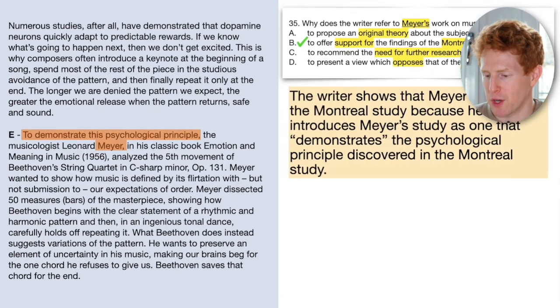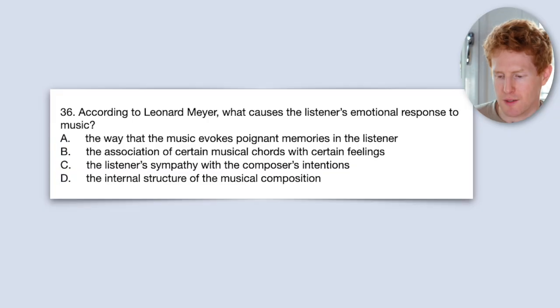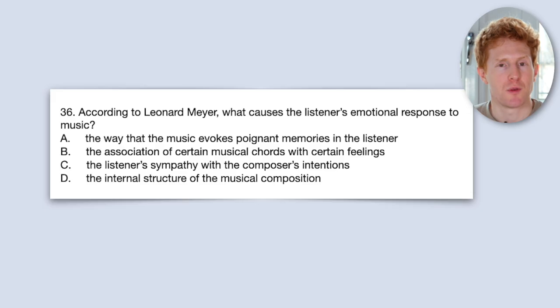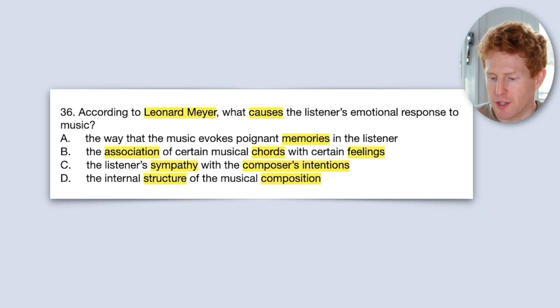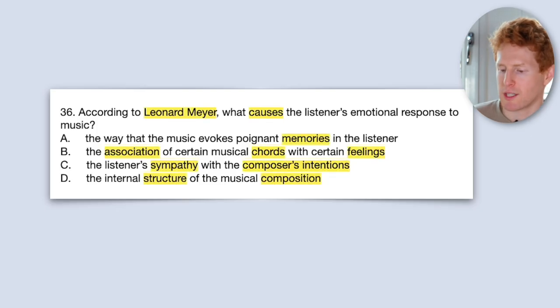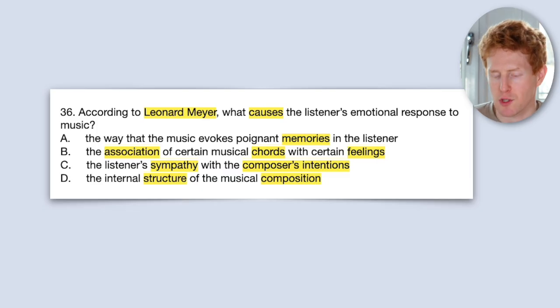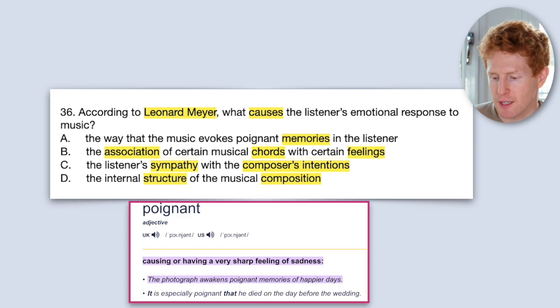Let's continue and we're going to go on to 36. Pause the video and highlight some words to help you determine the difference between these different options. According to Leonard Mayer, what causes the listener's emotional response to music. So again, we're looking for information on Leonard Meyer. The way that music evokes poignant memories in the listener, the association of certain musical chords with certain feelings.